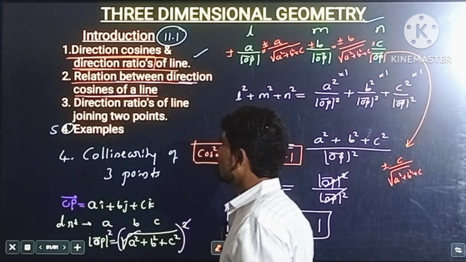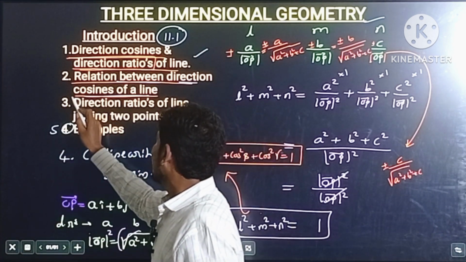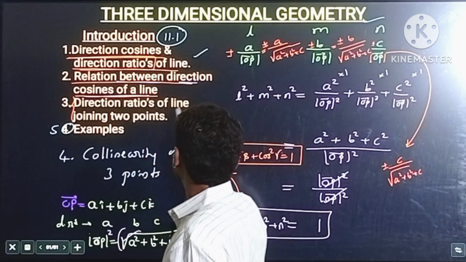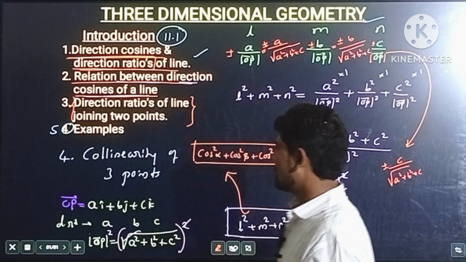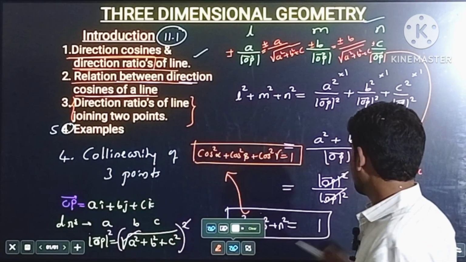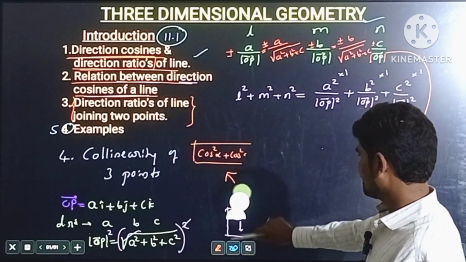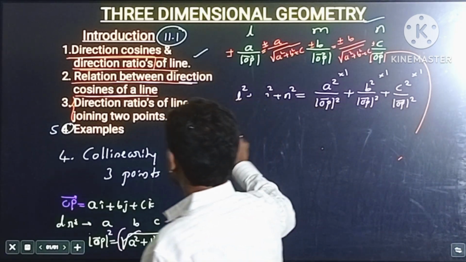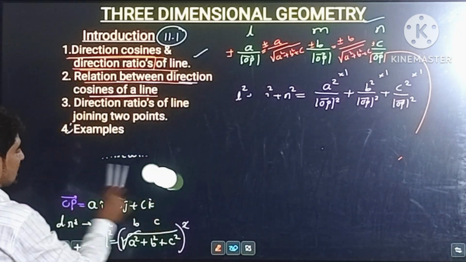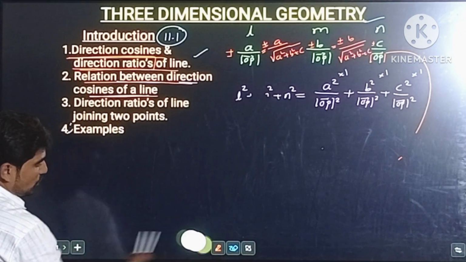And the third concept is direction ratios of a line joining 2 points.